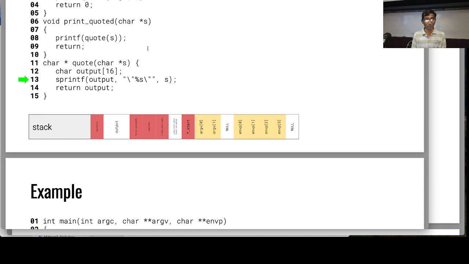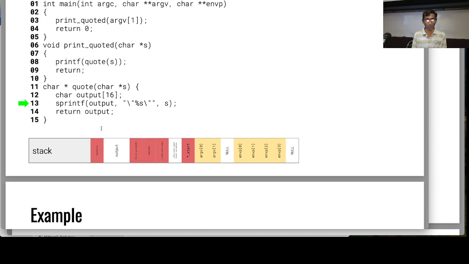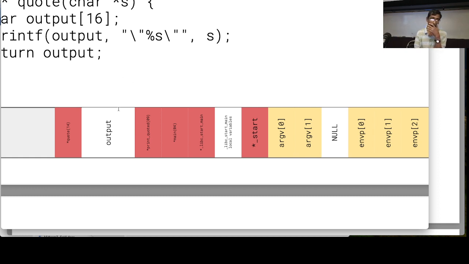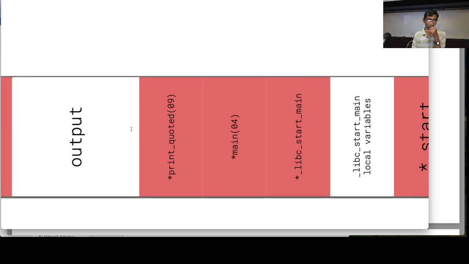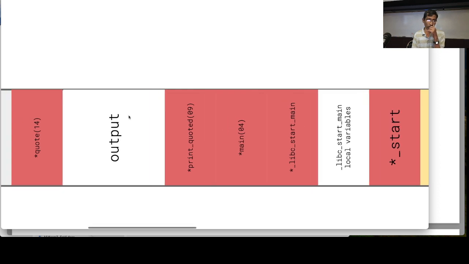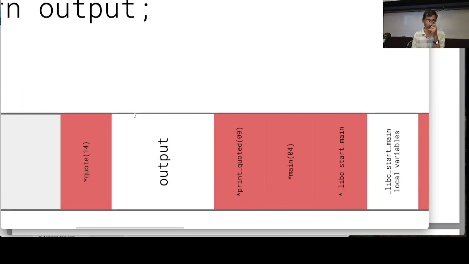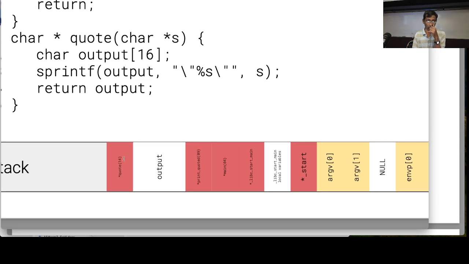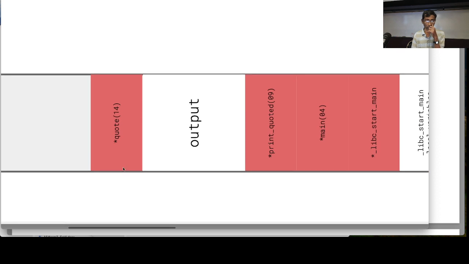You can see here, once the function is called, the stack will be created similar to this. The output would be of size 16, followed by the return address for the caller, to return to the next address.